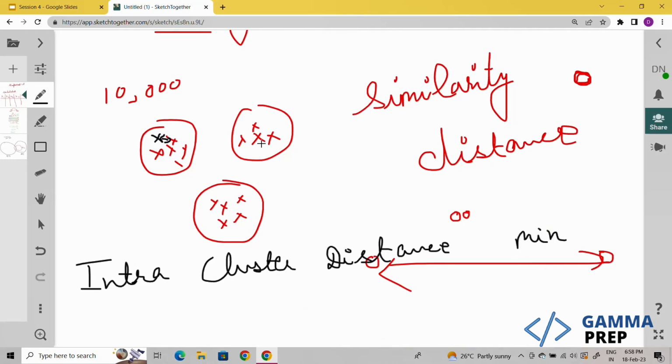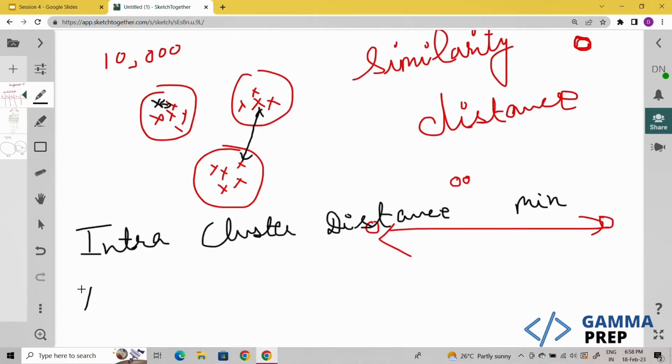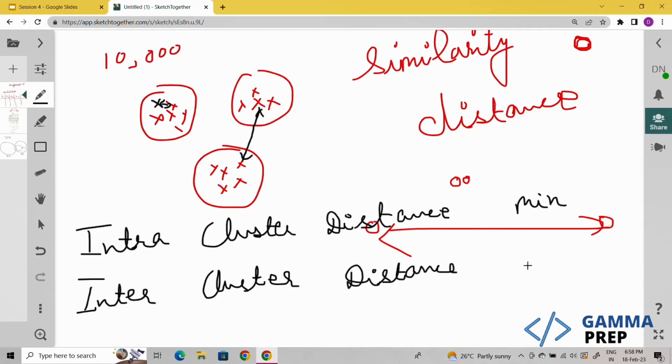The next thing is, if we have 2 points in 2 different clusters, since they are different from each other, they are dissimilar. So the distance between them should be high. So the inter-cluster distance, that is the distance between 2 points in 2 different clusters, should be maximized.